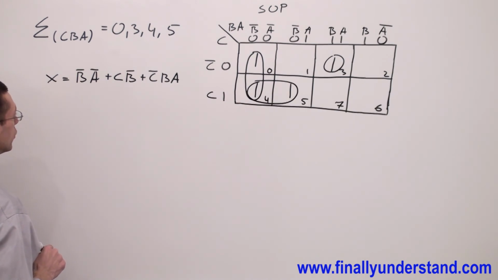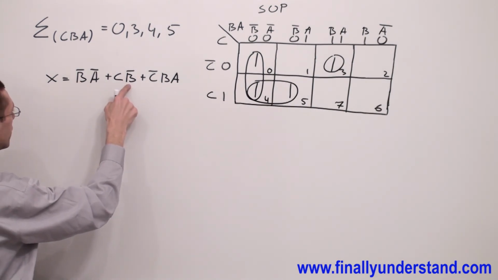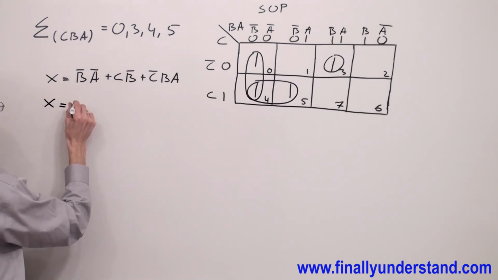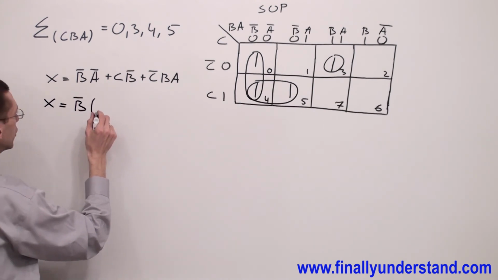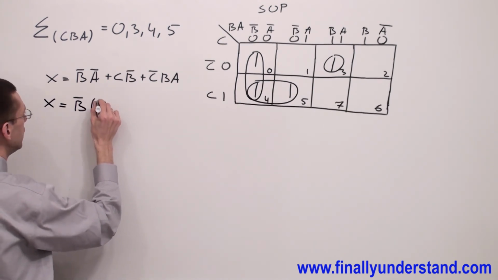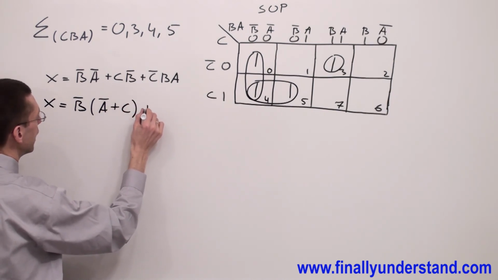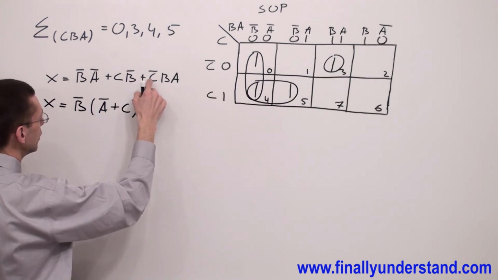So, what we can do over here? Please notice that we have B naught and B naught over here. We can factorize B naught. I have B naught, and inside of the parentheses, I'm going to have A naught or C plus, I'm going to rearrange this term a little bit.